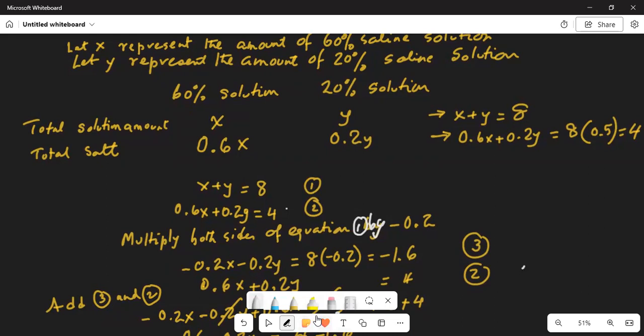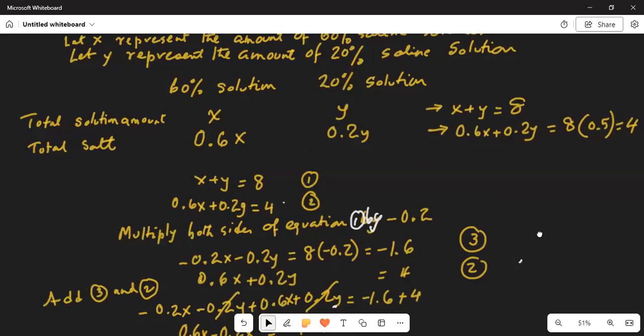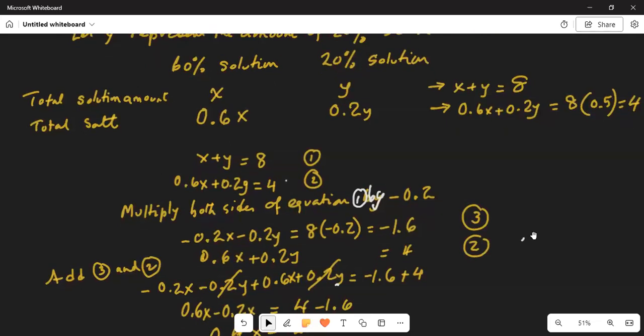Now we already have the second equation as 0.6X plus 0.2Y equal to 4. So now we add equation 3 and equation 2.